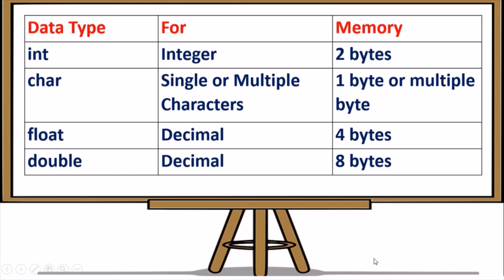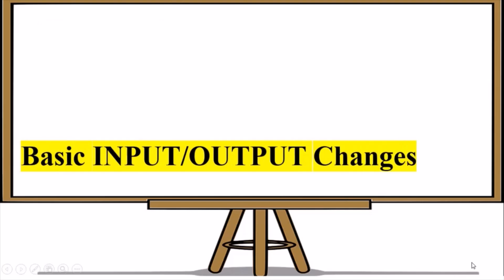Memory is given there in a table. You have to remember this table while programming in C++, right? There is one main thing you have to remember: in C programming we use format specifiers, but in C++ we don't use format specifiers. We will see this in practicals.